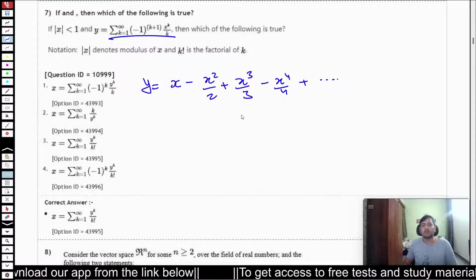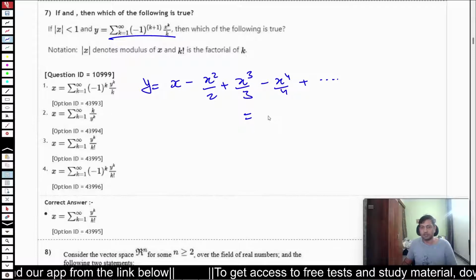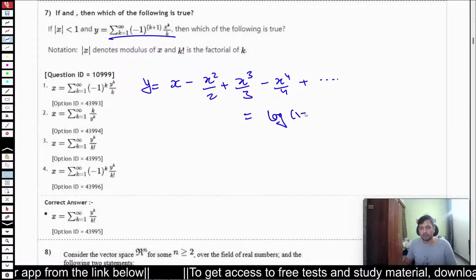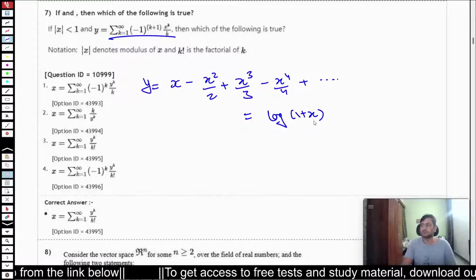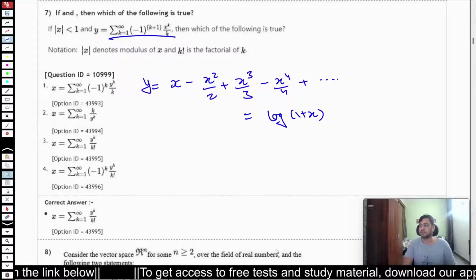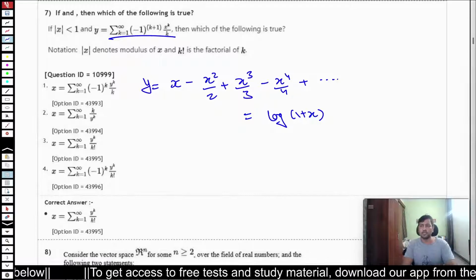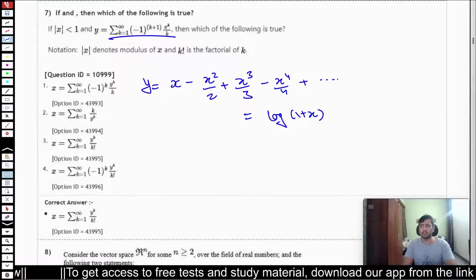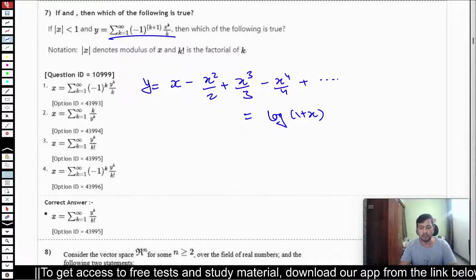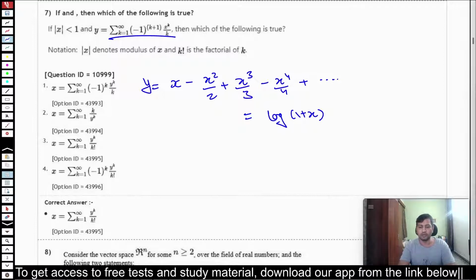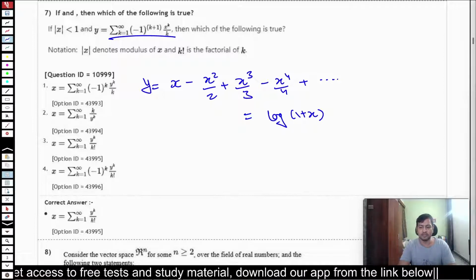Okay, which is basically the expansion of log of 1 plus x. So it's nothing but the expansion of log 1 plus x. So you can Google the expansion of logarithmic series.